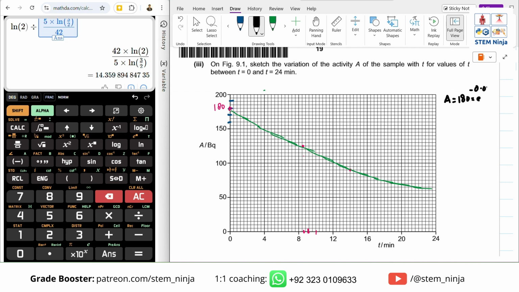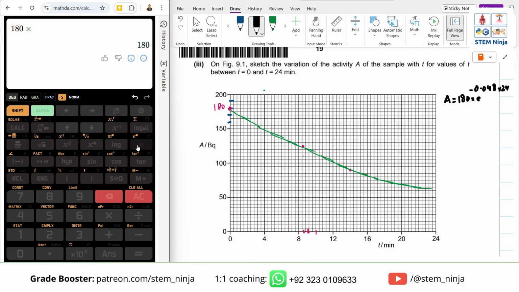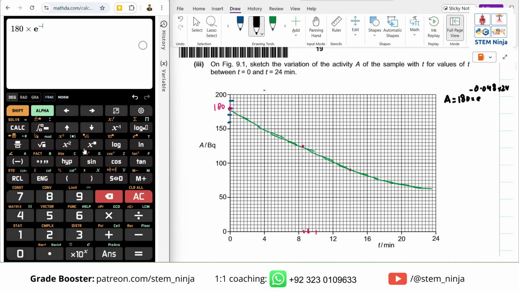So 0.048 times 24 minutes. So 180 times e, sorry, e raised to the power minus 0.048 times 24, so roughly 56.